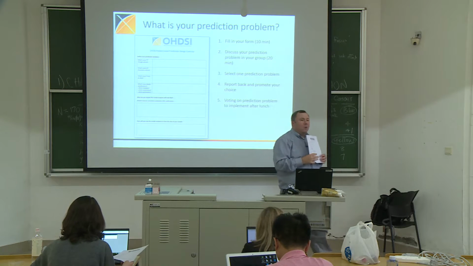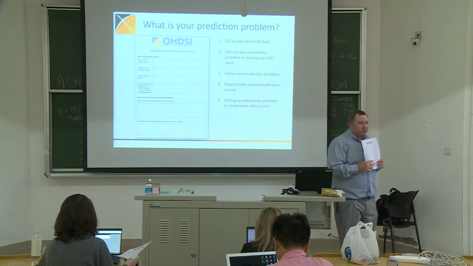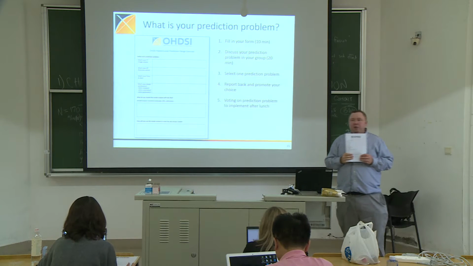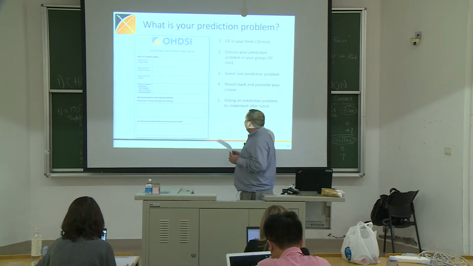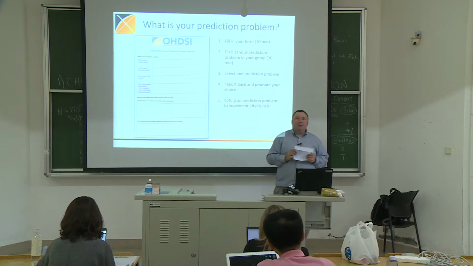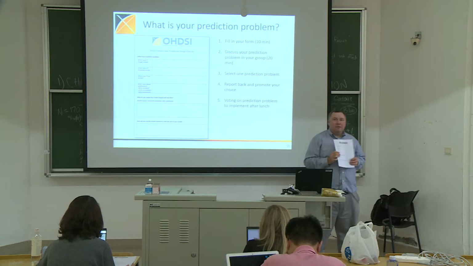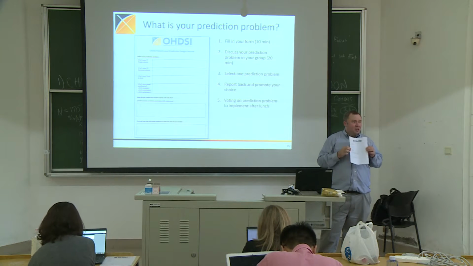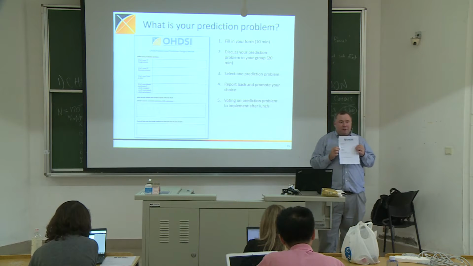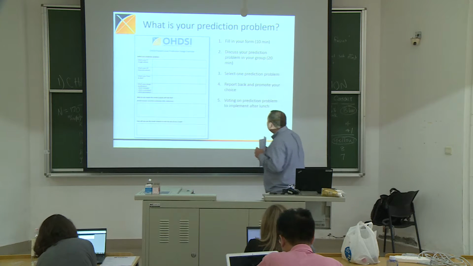And at the bottom, I want you to just write down for yourself why you think this is an important prediction problem. I'm going to give you 10 minutes to come up with your own prediction problem.